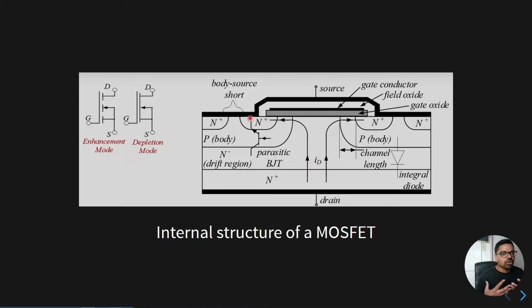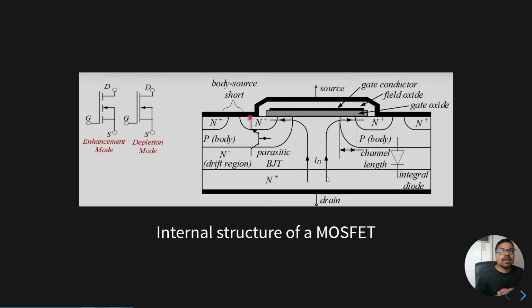So in a nutshell, these are the three terminals. There is some form of parasitic capacitance, which we'll talk about at a later slide. But what you want to note is that this is a voltage control device. It is bidirectional in nature, and if it needs to conduct between drain and source, you need to control it through the gate.